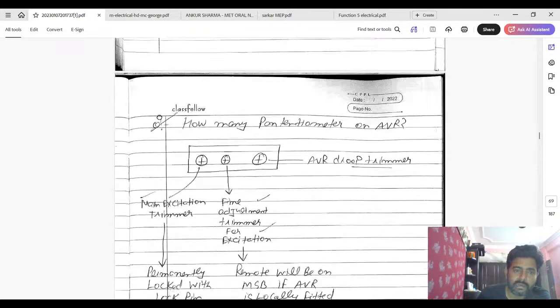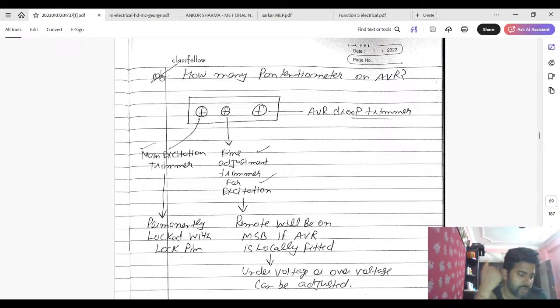And how many potentiometers? This question has also been asked by the surveyor: how many potentiometers are there in the AVR. If you don't know the AVR, you are unable to answer this question. There are three potentiometers. One is the main excitation trimmer, which is locked and secured by a pin.